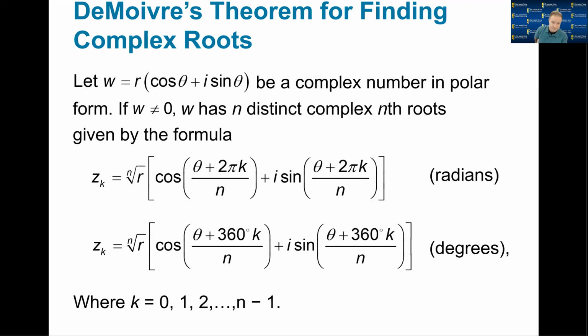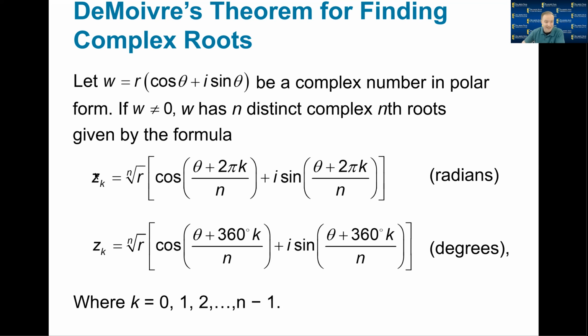Now, our formula for that depends on whether you're going to put it in terms of degrees or radians. It doesn't matter. It's the same formula. The only thing that's different is where I put the 2 pi here, I put 360 degrees here. I sort of prefer to deal with radians most of the time, but it doesn't matter.